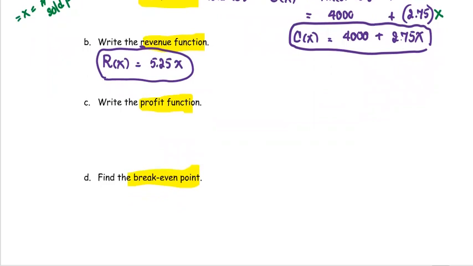Okay, very good. And then the next part, part C, the profit function. Key term: profit. Profit is a capital P. The profit is the revenue minus the cost, C(x). The revenue from part B is 5.25x, subtracted by the cost function, which has two terms. To save your life, put the parentheses.